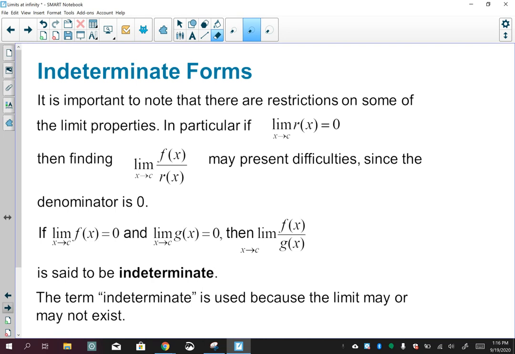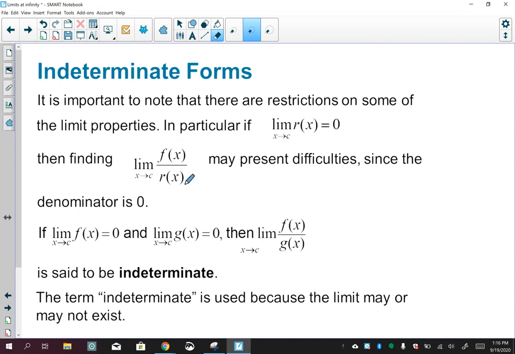For instance, if a particular limit as x approaches c of r of x is equal to 0, then finding this limit here may present difficulty since the denominator would be 0. Basically, if you took this polynomial and looked at c and found the limit, the answer could be 0, but then you're putting it in a fraction form.